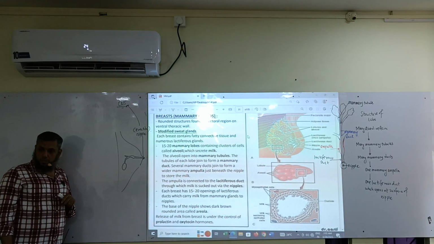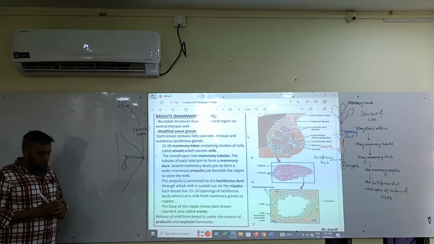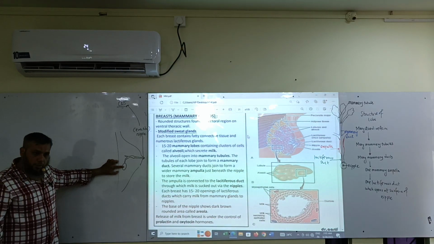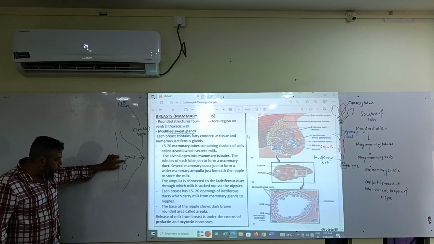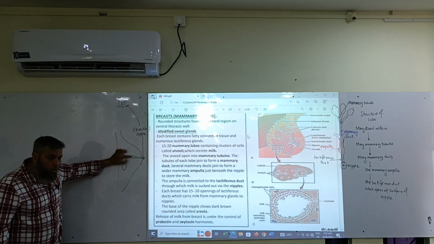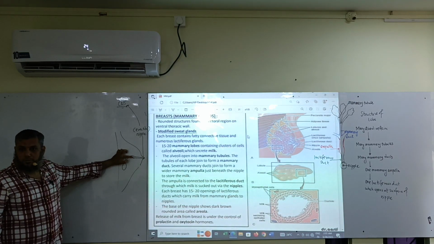Got the arrangement? So one alveolus will secrete the milk into the lumen, which will go into the mammary tubules, which will go into the mammary duct, which will go to the ampulla and get stored over there.